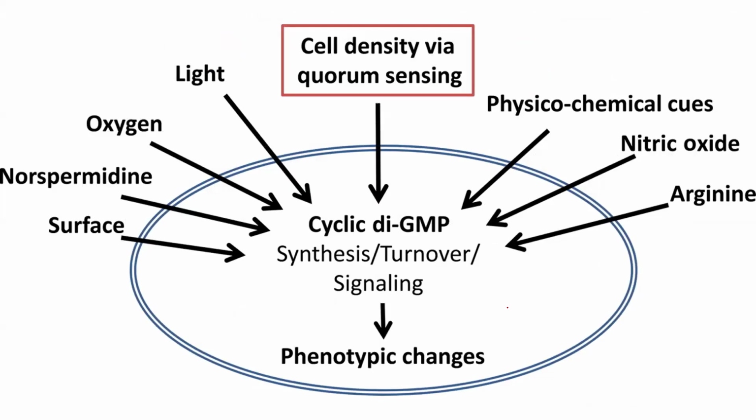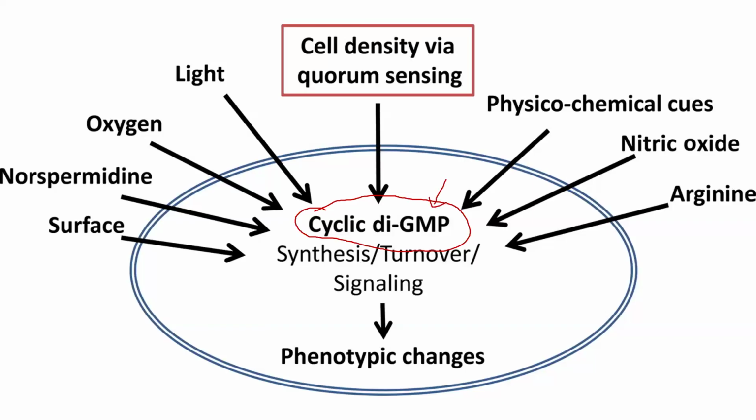So quorum sensing itself is really important in regulating a lot of both phenotypic and genotypic changes as far as transcription and translation are concerned. But one of the other really important signaling molecules that we see inside of prokaryotes is cyclic di-GMP. So this is the byproduct of the degradation of GTP.